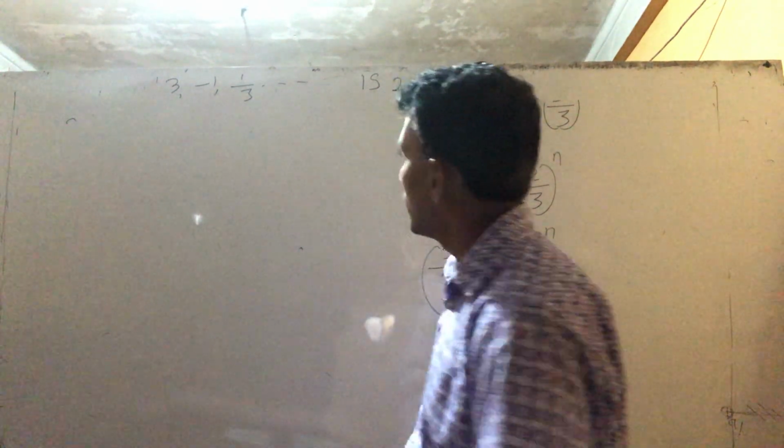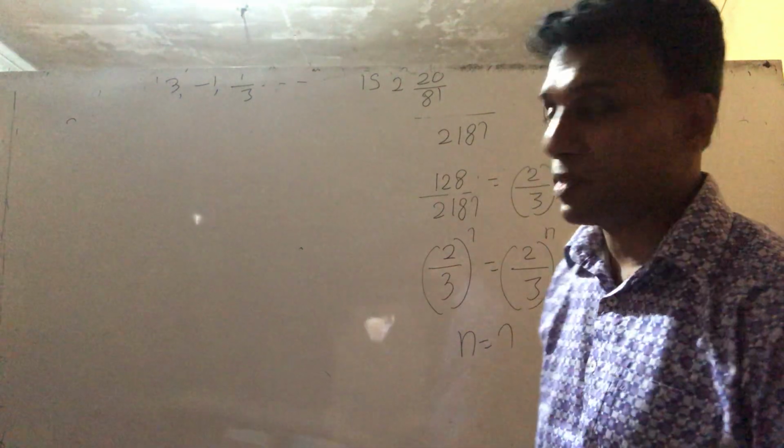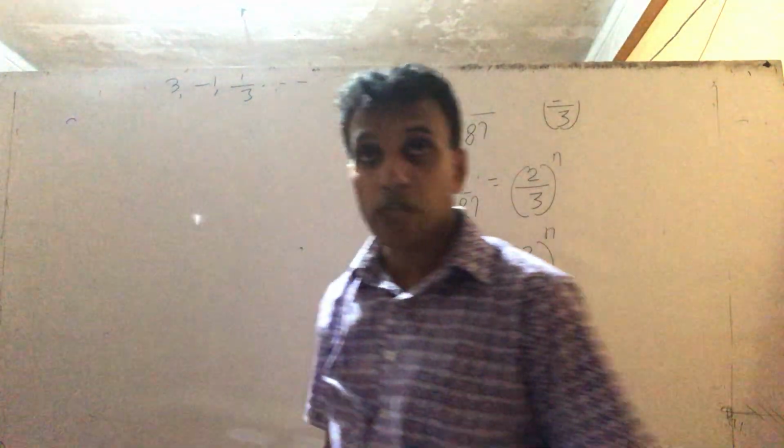Same idea. 2 of 20 over 81. Find how many terms to be needed to add it.